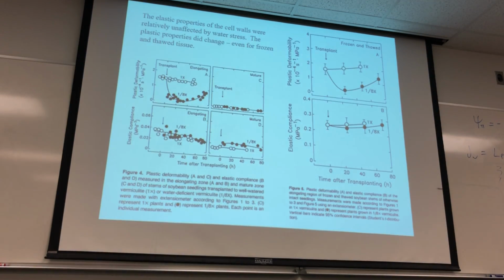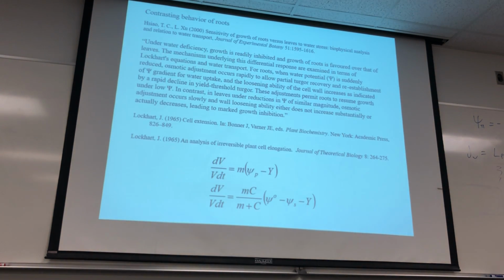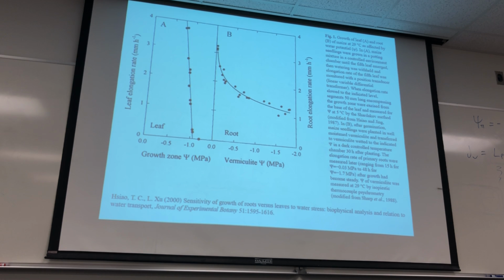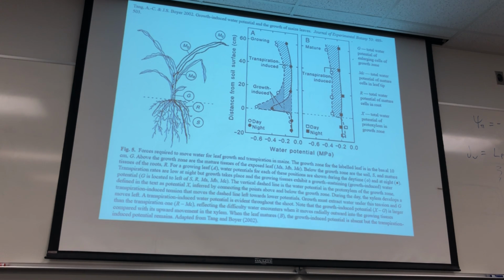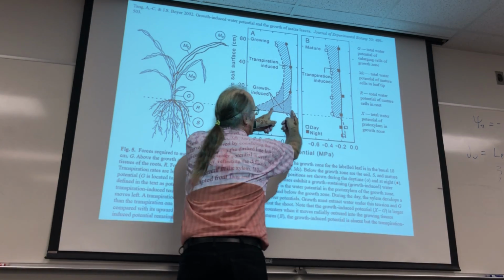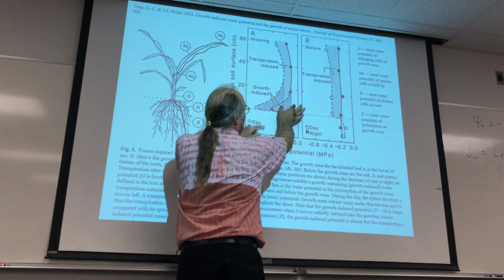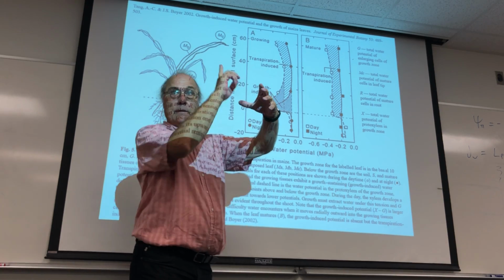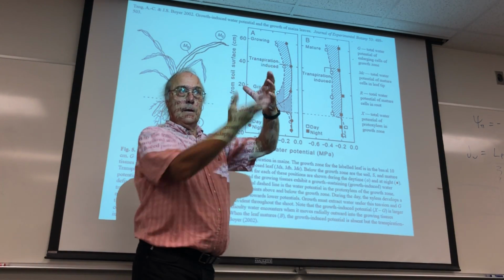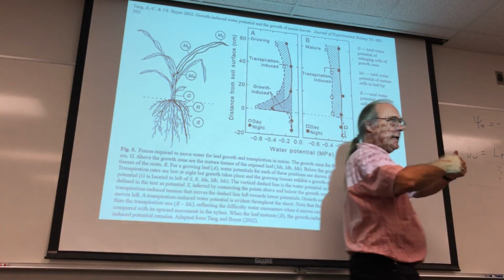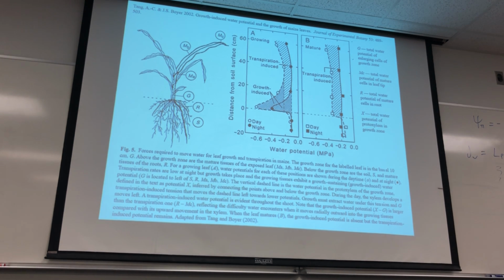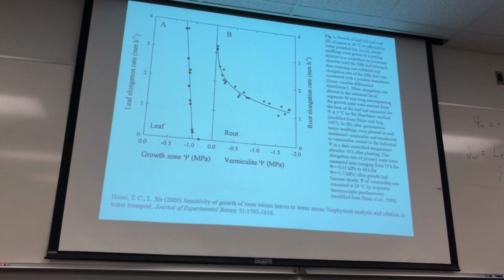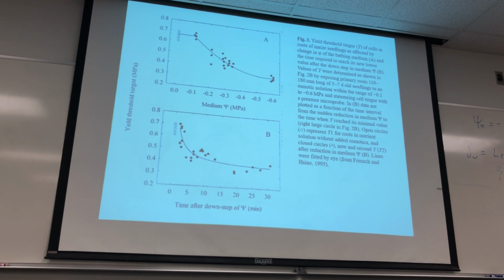All right? And another interesting thing here: this growth-induced water potential difference is bigger than the transpiration-induced water potential gradient that's driving movement of water up through the xylem out to the leaves. And roots behave differently.